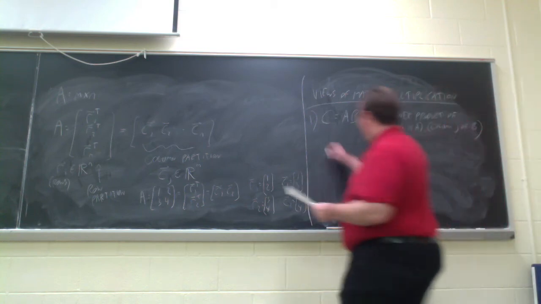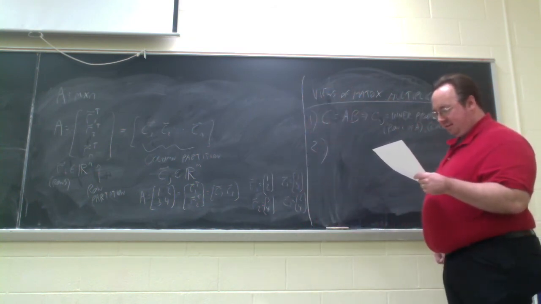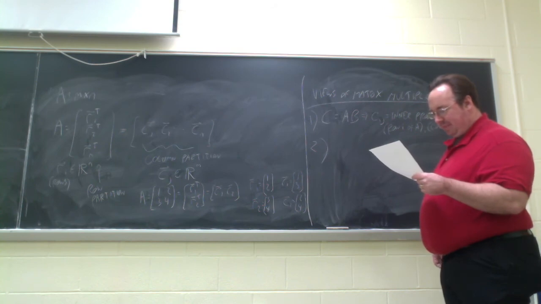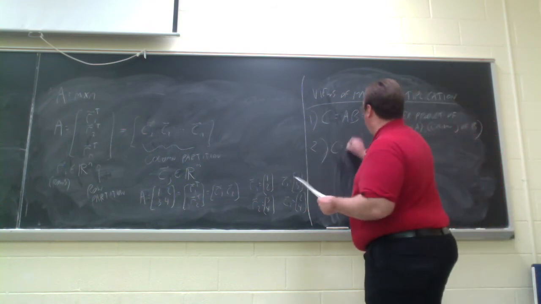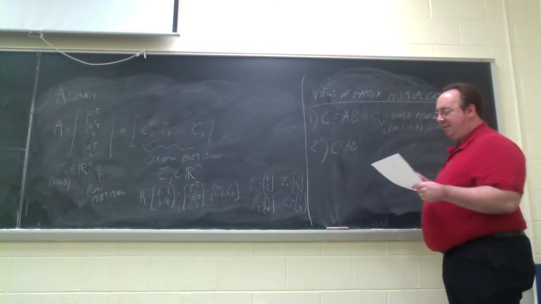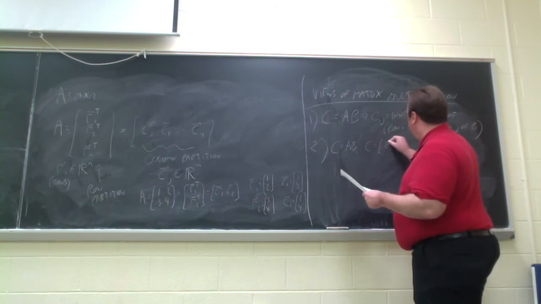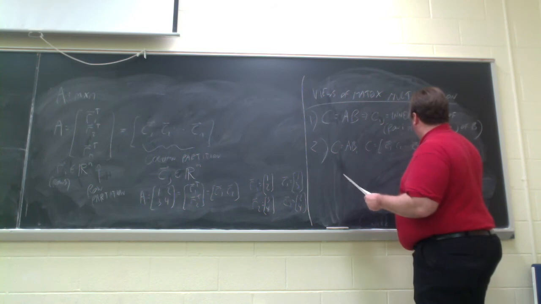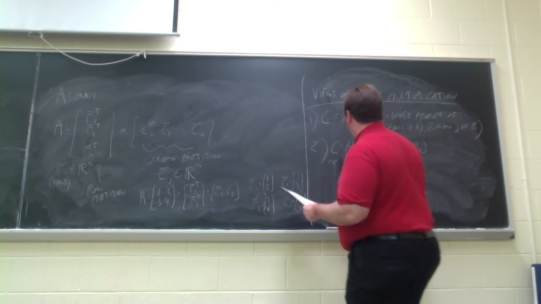Okay. Number 2. Again, if C is equal to AB, and I do column partitions of C and B, I don't need one for A for this. So C has these columns, C1, C2, up to Cp. A is m by n, B is n by p, so the product is m by p.